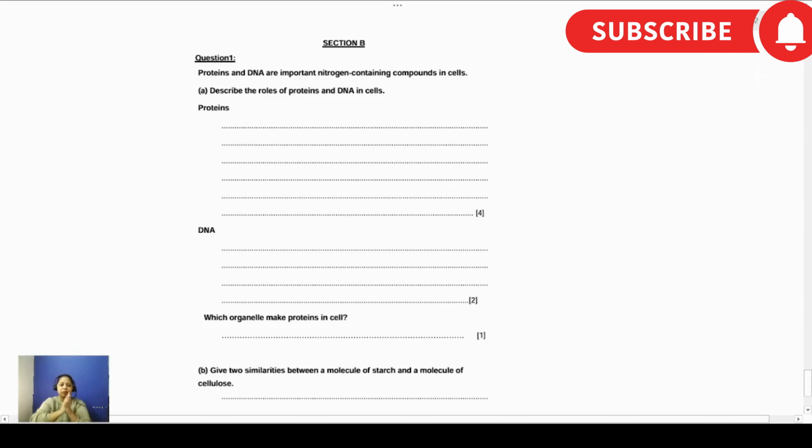Let's discuss question number 1. Proteins and DNA are important nitrogen containing compounds. Describe the role of protein and DNA. Many of you have written their structure, but what is required is the function. What is the function of protein in your body? It plays a structural role and a functional role.